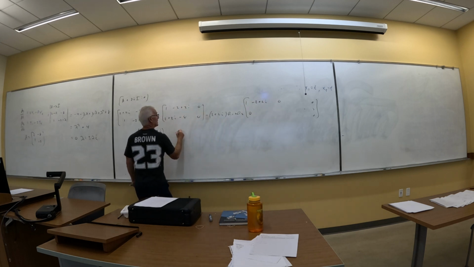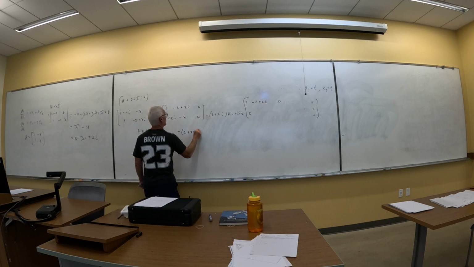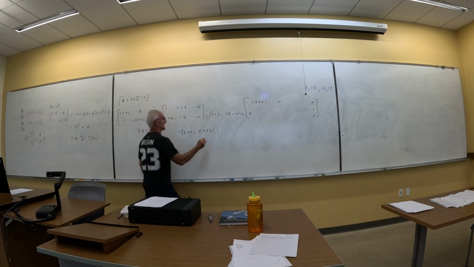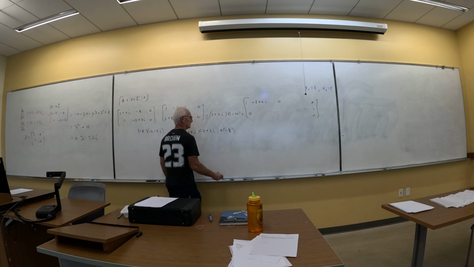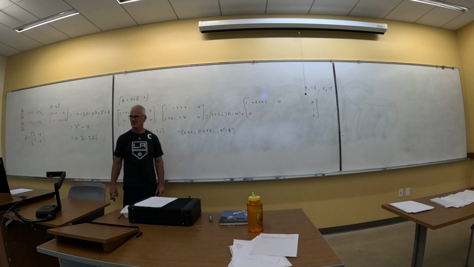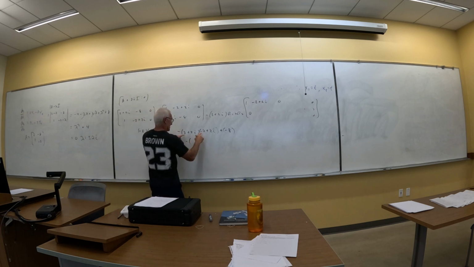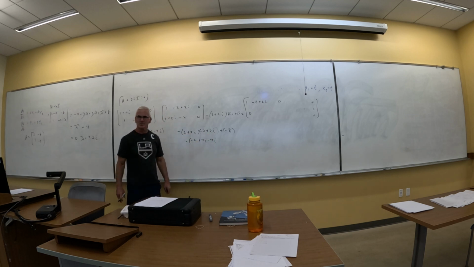Now I'm going to take the negative of 2 plus 2i times negative 2 plus 2i, and add that to negative 8. Ugh. You agree that's kind of yucky? Okay, so that's negative 4 plus 4i minus 4i plus 4i squared. What's 4i squared?